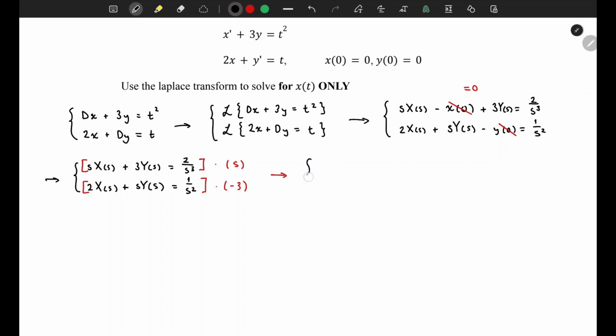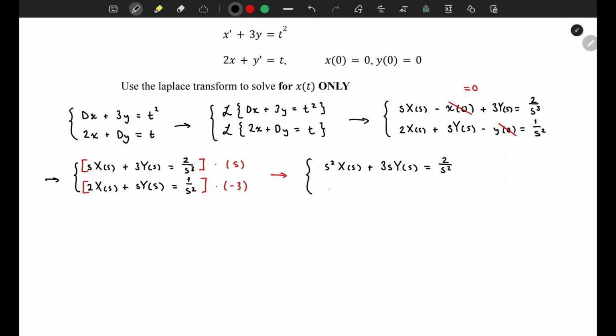So we get s squared X of s now plus 3s Y of s equal to s times 2 over s cubed, which let's just write as 2 over s.